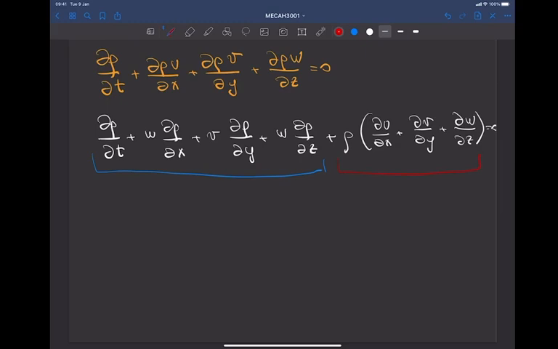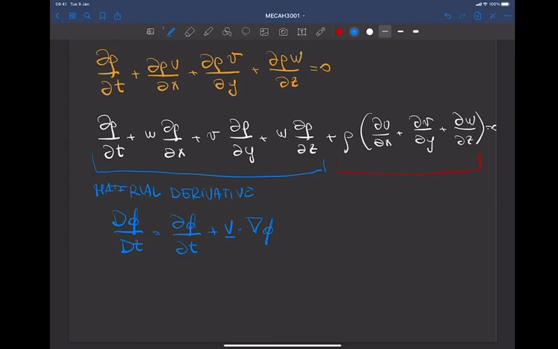Okay, so now if you go back to the definition of the material derivative, you remember that this was something like d phi over dt equal partial derivative of phi over dt plus the scalar product of the velocity vector times the gradient of the scalar itself.